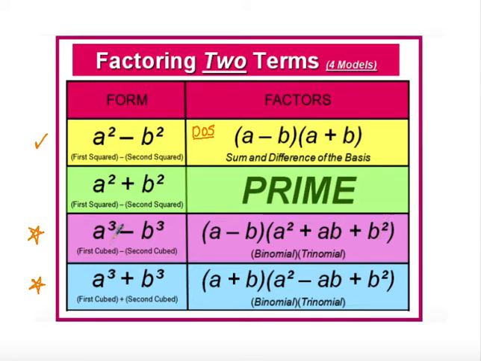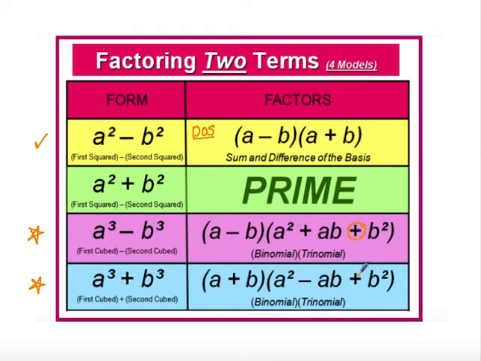Now notice whether it is the difference of cubes or the sum of cubes, your factors are exactly the same. What changes are the signs. So if it's the difference of cubes, it starts minus plus plus. If it's the sum of cubes, it starts with plus minus plus.